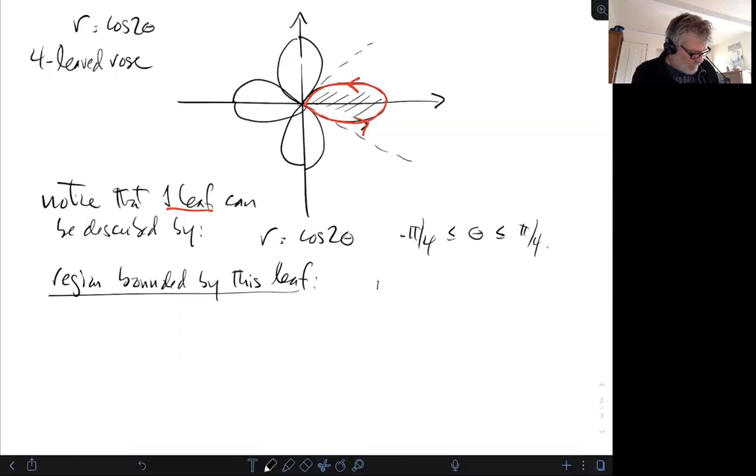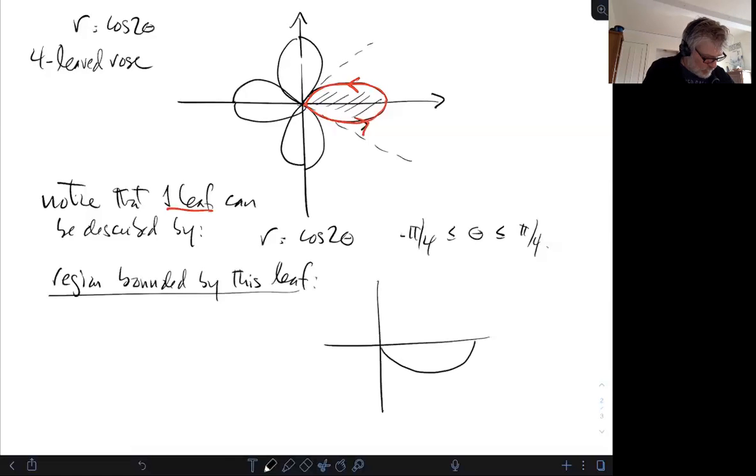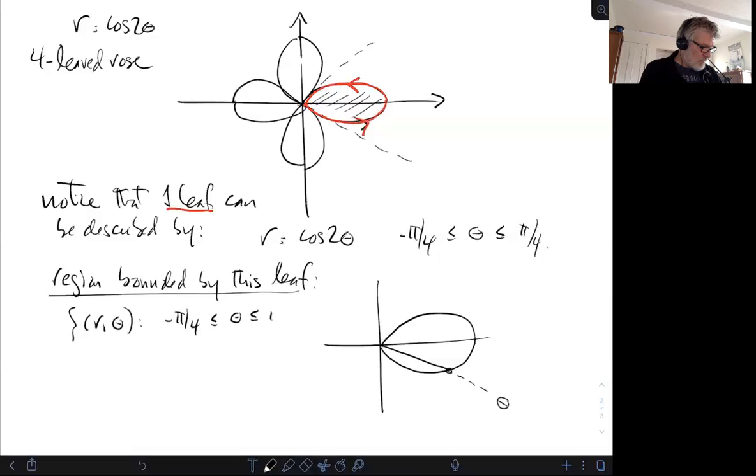So if you look at a segment for a certain angle theta like that, what are the possible values of r? It's anything between 0 and cos 2 theta, right? So this is the set of all polar points (r, theta) such that theta is between minus pi over 4 and pi over 4, and r is between 0 and cos 2 theta.